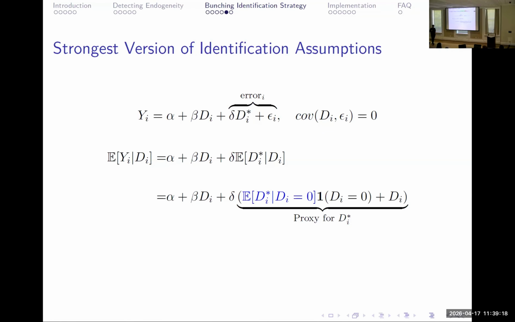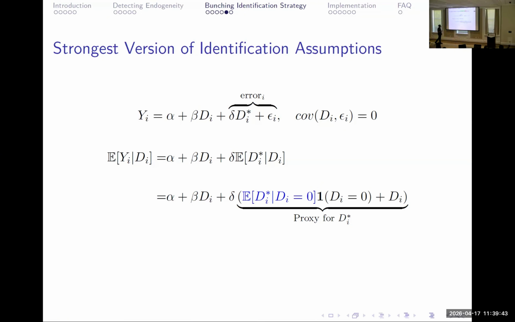And what we want here is, of course, we do not observe the selection variable. We do observe the selection variable when the treatment variable is positive because they are the same, but we do not observe the selection variable when the treatment equals 0, because there's some type there that could be very negative or not so negative. We don't know. Now, what we are after here is a proxy for this D star.